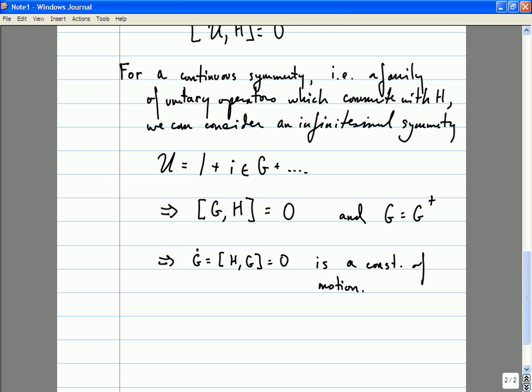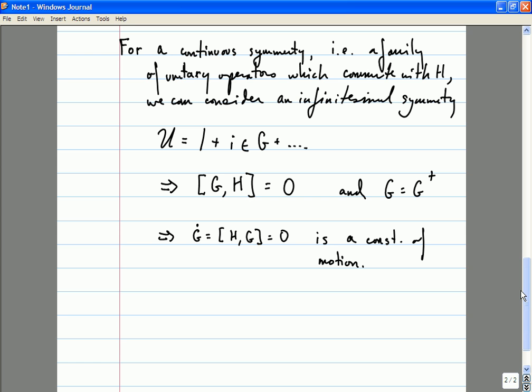And just to make the analogy with classical mechanics a little bit sharper, you can remember that under this symmetry transformation, a general observable A is conjugated by this unitary operator.